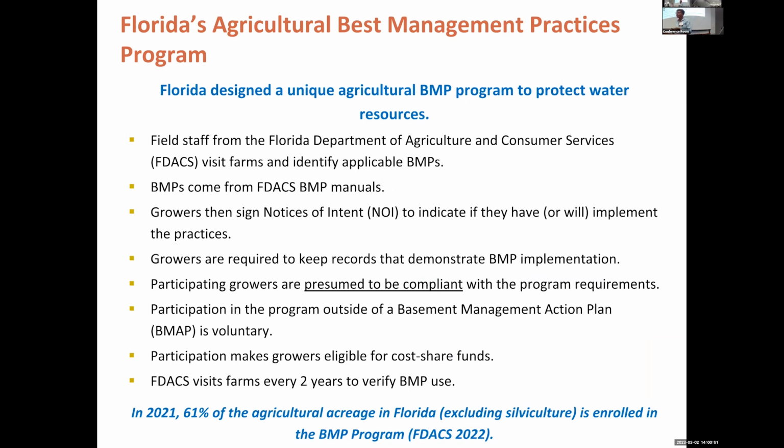How the program works is that an FDACS field staff member will go to a farm. They will tell the farmer which practices are applicable and economically feasible on their farm. The farmer then will decide if they're going to join that program, the NOI program. They will sign a notice of intent. That's what the NOI means, a notice of intent saying that they're going to implement this practice or these practices.